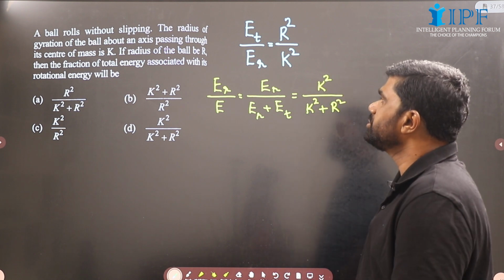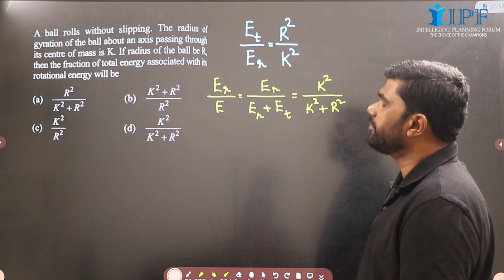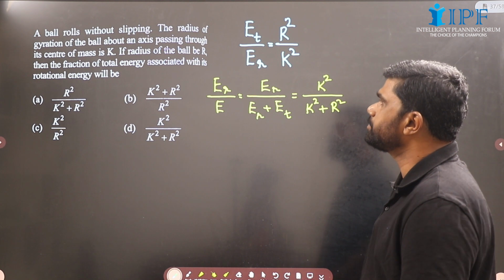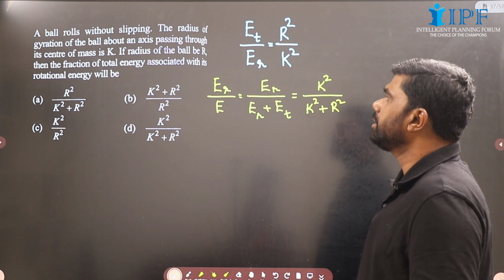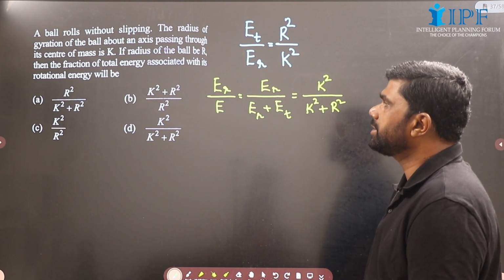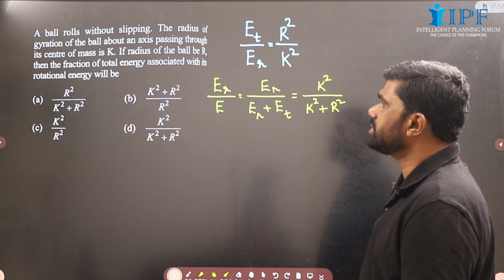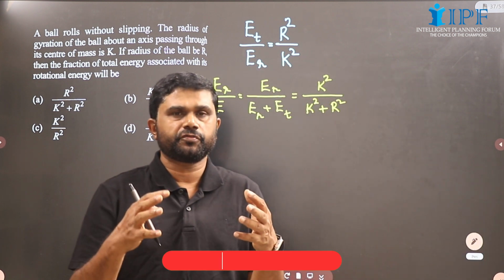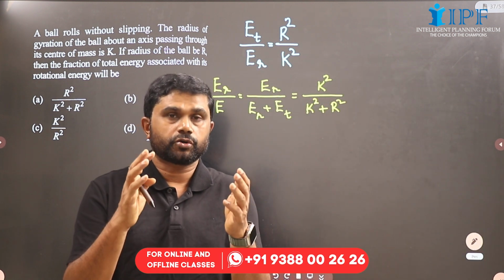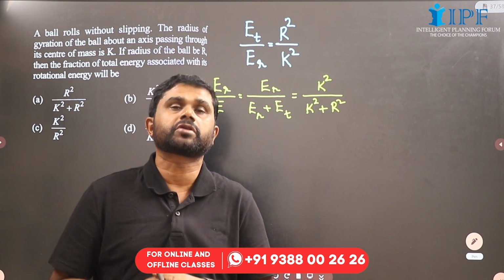A ball rolls without slipping. The radius of gyration of the ball about an axis passing through its center of mass is capital K. If the radius of the ball be capital R, then the fraction of total energy associated with rotational energy will be. Means we want to find the ratio of rotational energy to the total energy.